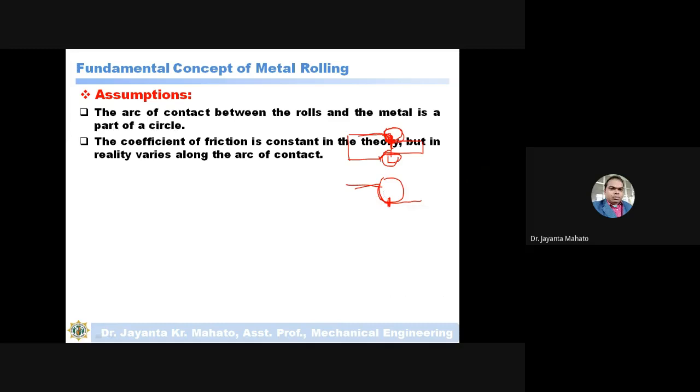Here the friction between the workpiece and the rollers is more compared to this point, and it varies along this curvature. This is reality, but in theory, to calculate the force, we always consider the friction to be constant.